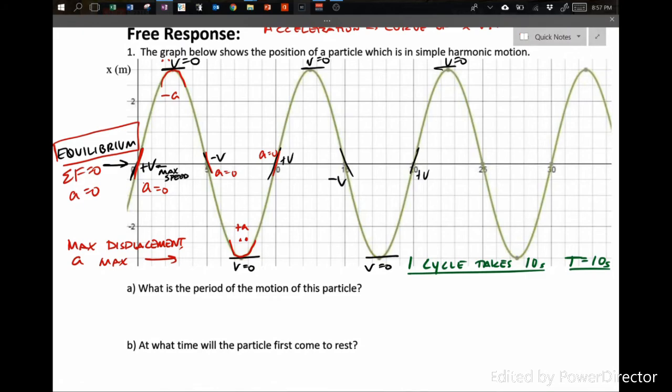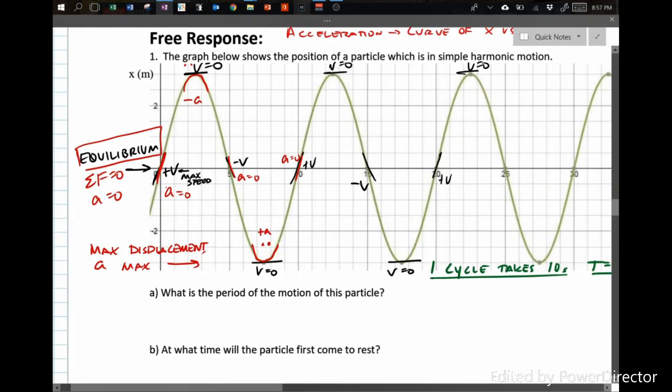Also, because it's a restoring force, this is kind of a fun thing. That tells me that the force pulls opposite my displacement, which means my acceleration is opposite my displacement.